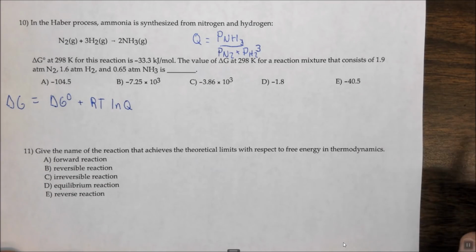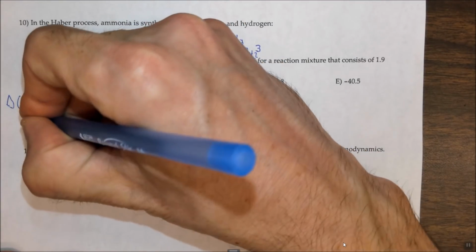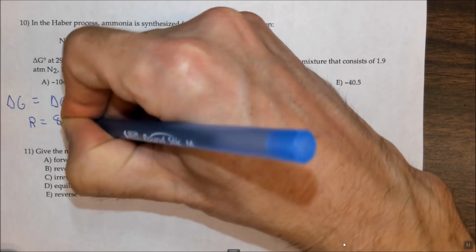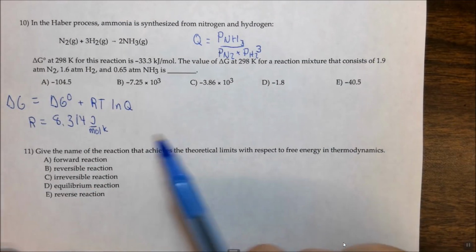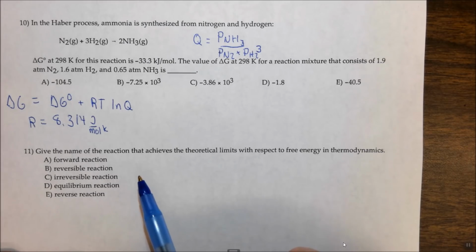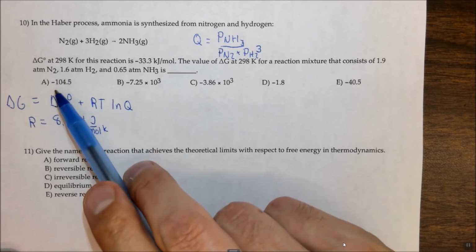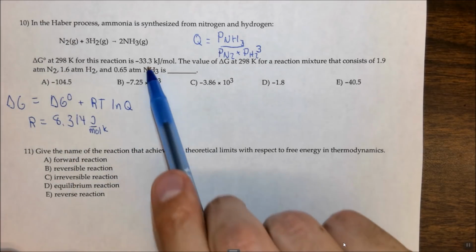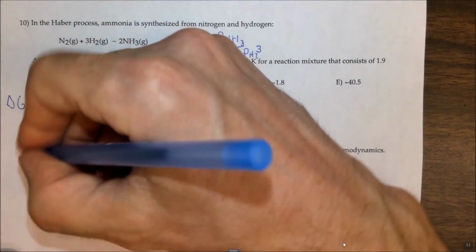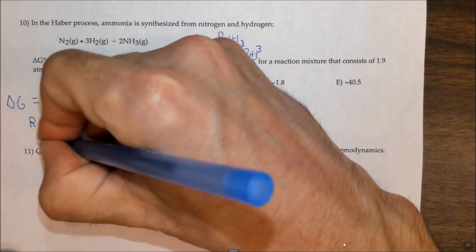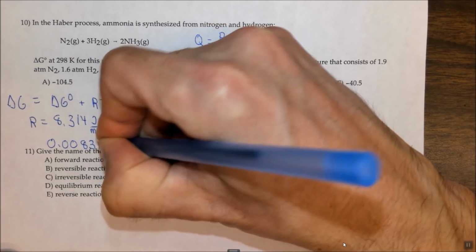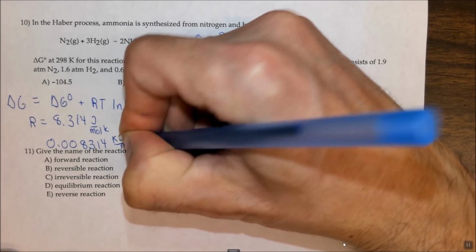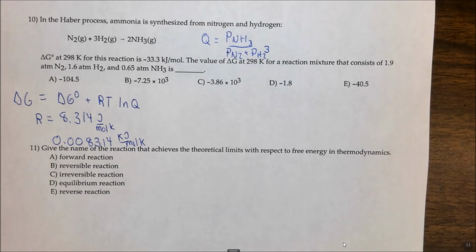A couple other things to remember. The R that you want to use here is 8.314 joules per mole K. However, because our units are going to be in kilojoules, so the delta G naught is in kilojoules, the R we're going to want to use is this divided by 1,000, which is 0.008314 kilojoules per mole K. Now, if you'd like to convert this to joules, that works too.